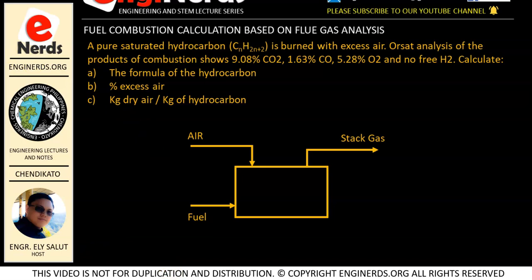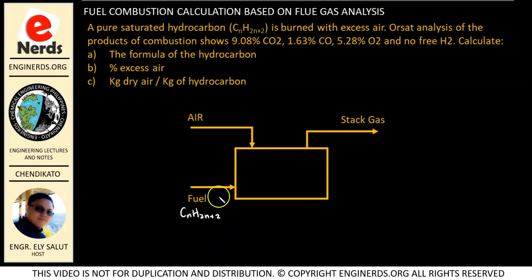So we know that our fuel is CnH2n+2, which means this is an alkane. We don't know yet which hydrocarbon it is, what exactly our organic compound is. Based on this Orsat analysis, our product shows we have CO2, which is 9.08%.